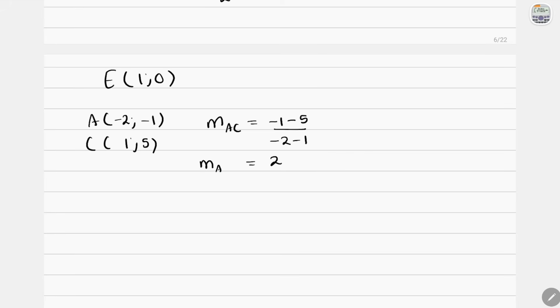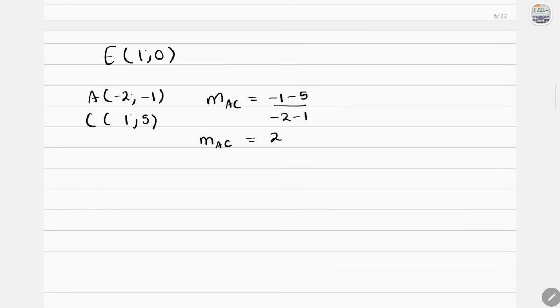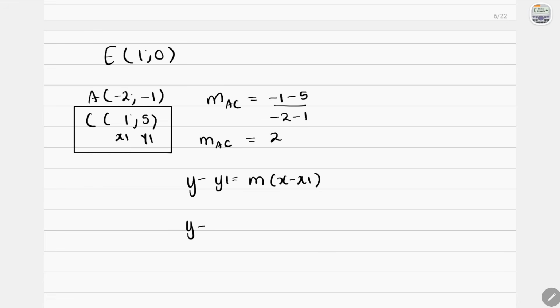So that is the gradient of AC, and we can find the equation of this line. You can use y equals mx plus c, but I'm just going to use this: y minus y1 equals our gradient times x minus x1. And so this is y minus, and this is x1 and y1. I'll just take this point because it looks easier.